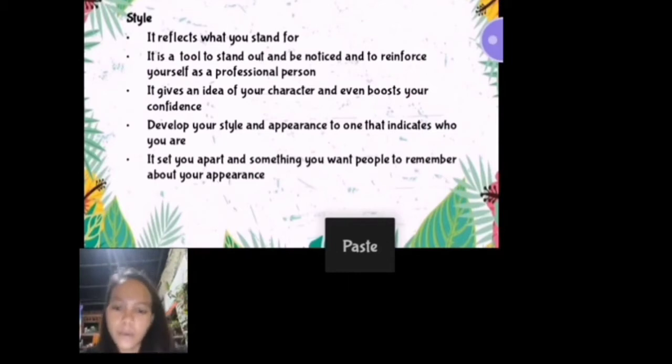Then number 5, it sets you apart and is something you want people to remember about your appearance. Yes.